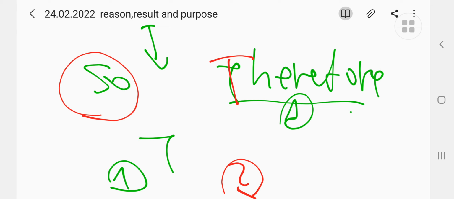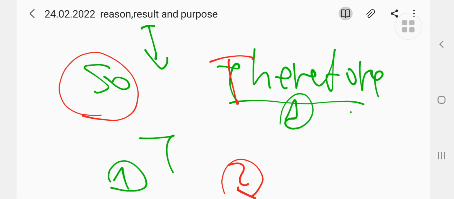Compare these sentences which have the same meaning. I hadn't done my homework, so I didn't understand the lesson. I hadn't done my homework, therefore I didn't understand the lesson.